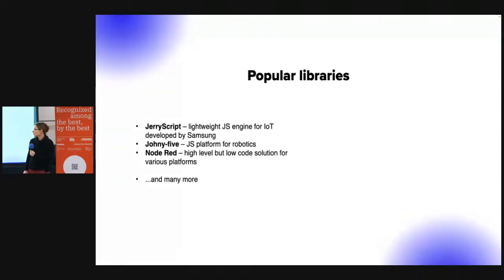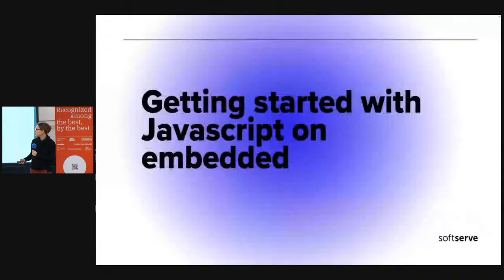And there's an awesome solution named Node-RED, which is a high-level but low-code solution for various platforms where you can model some workflows. And it looks really cool, especially for prototyping your ideas for applications.